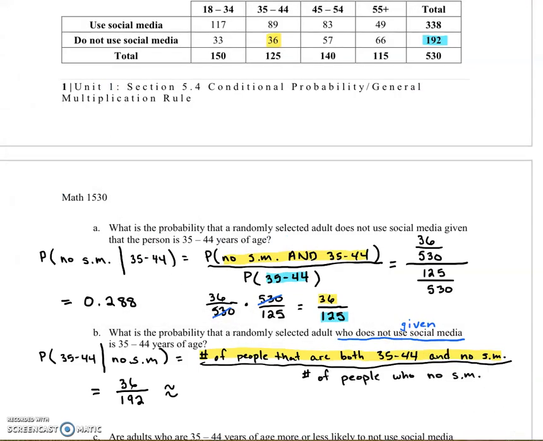So you see, even though the numerator is the same both times, our denominators are different depending on what the given category is.